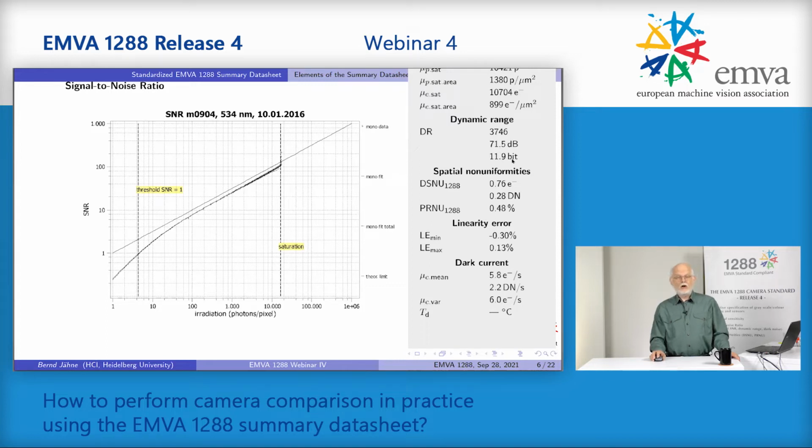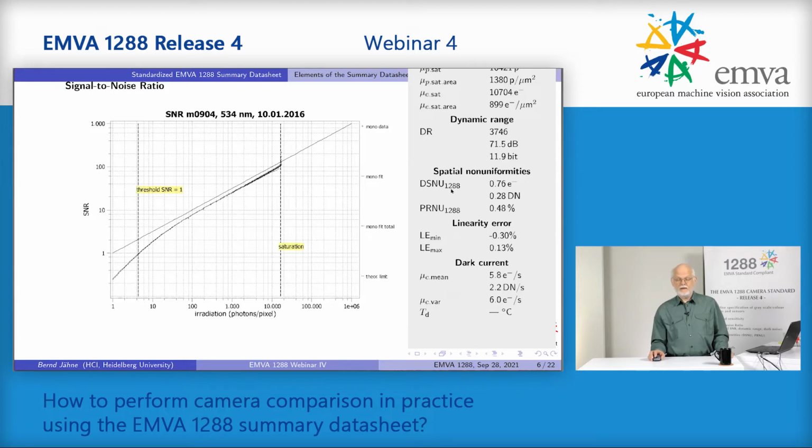So that was all derived parameters which you use for your practical applications, and you know exactly in which intensity range this camera can be used, from saturation to SNR equal 1. And then you can compare cameras directly, which camera has a higher dynamic range or fits the dynamic range your application actually requires.